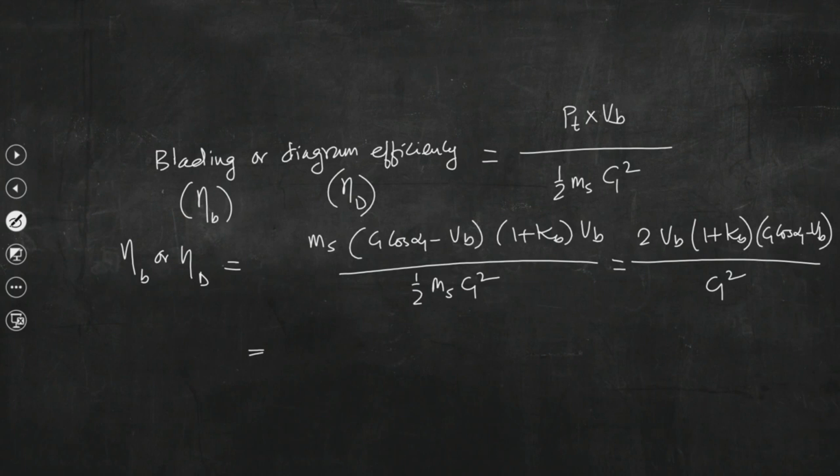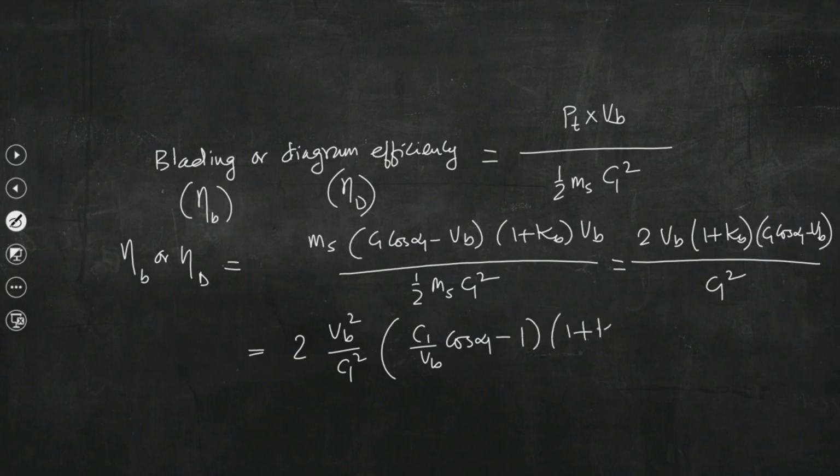So, this is the expression that we can write, and if we go one step further, if we take out Vb outside we can write twice Vb square by C1 square into C1 by Vb cos alpha 1 minus 1 into 1 plus Kb. So, this is what we can write.